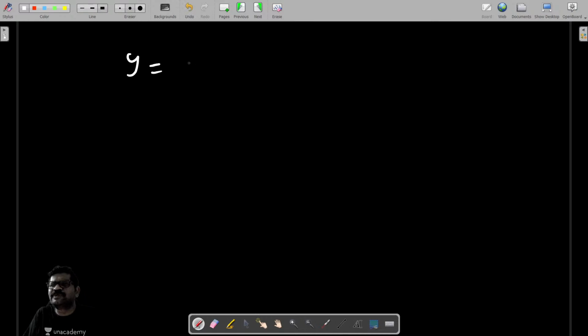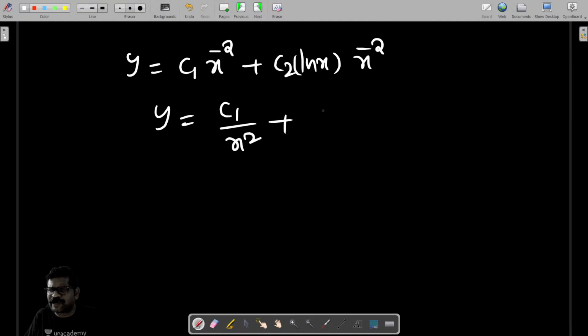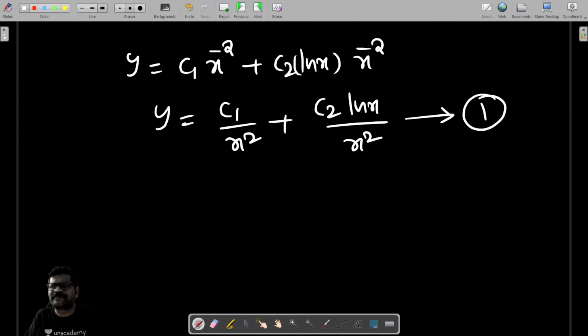Continuation: y is equal to C1 e power minus 2z, which is nothing but x power minus 2, plus C2 z, meaning log x into x power minus 2, because z is log x and x is e power z. Now this can be written as y is equal to C1 by x square plus C2 log x by x square, called equation 1.